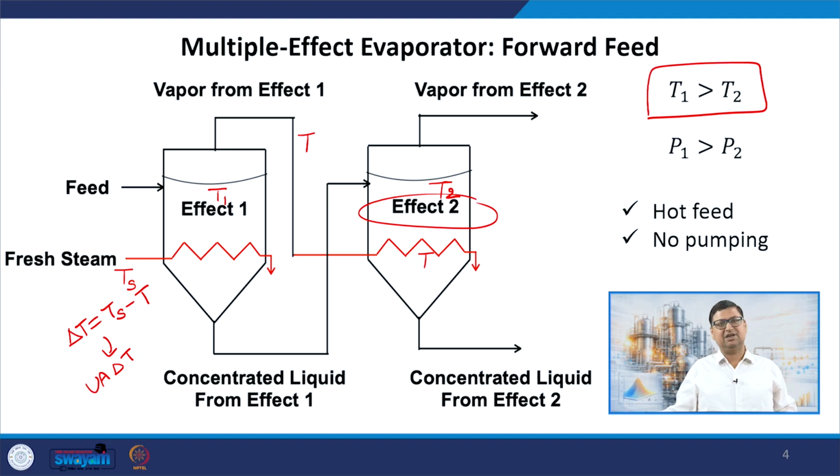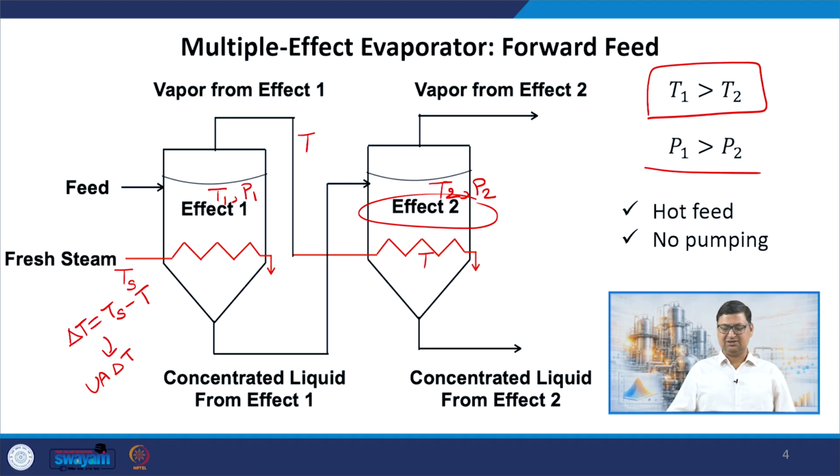But there is one more constraint that we have, that this temperature must be the boiling point for the liquid, right? So if T1 is higher than T2, how do we ensure that the second effect is also at the boiling point, right? And we can do that by also changing the corresponding pressure. As you know, increasing pressure increases the boiling point, and therefore lowering pressure will lower the boiling point. So let us say if this effect is operating at some pressure P1, this will now operate at some pressure P2, where P1 is higher than P2.